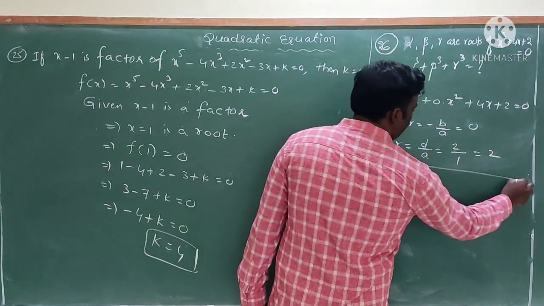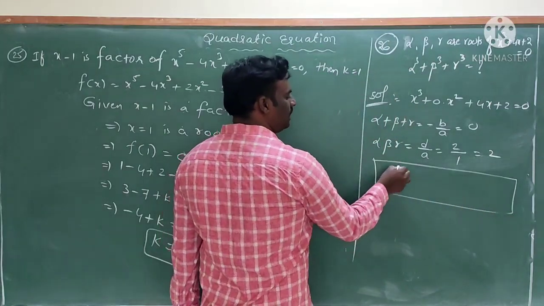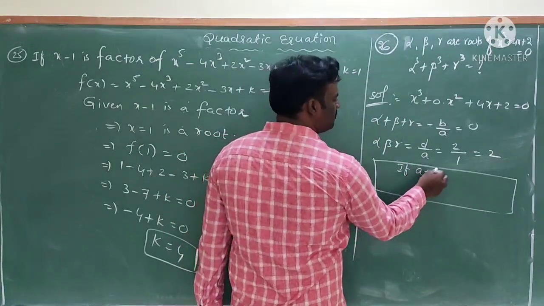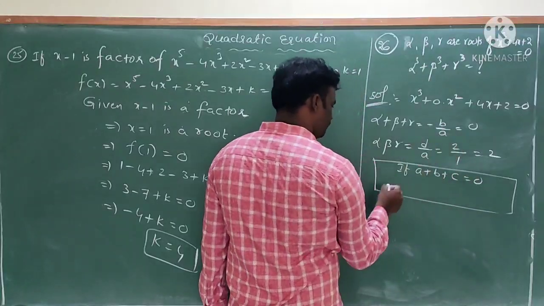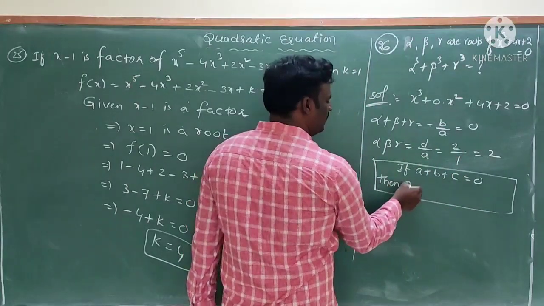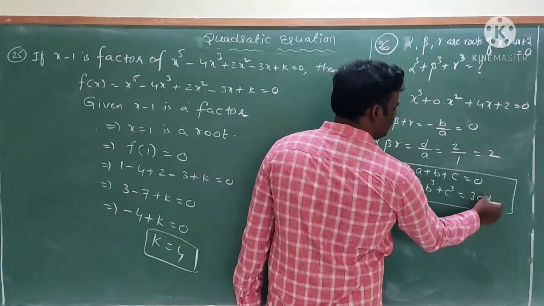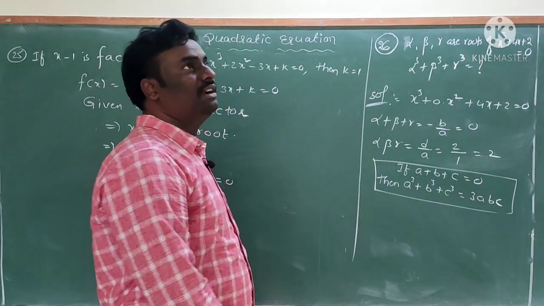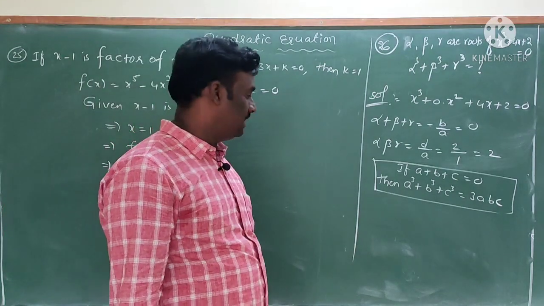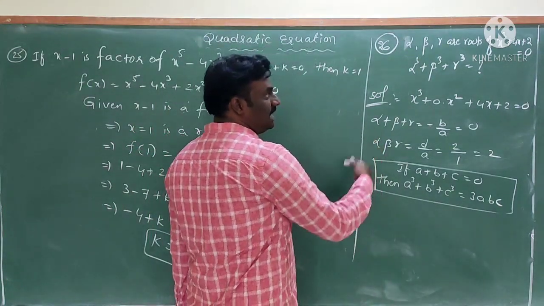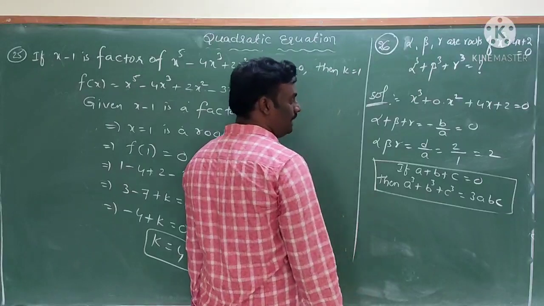But we have a formula in algebra. If a plus b plus c equals 0, then a cube plus b cube plus c cube value is what? 3abc. Already we know this formula from 8th and 9th standard. So in place of a, b, c they have given alpha, beta, gamma.